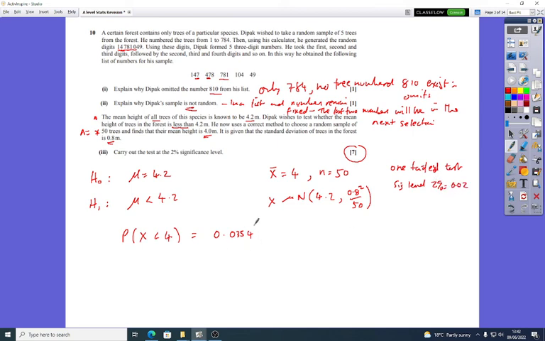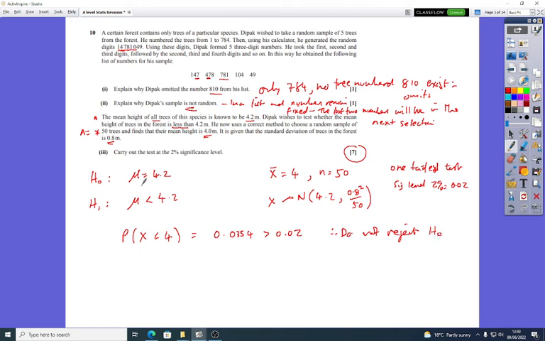And from here you can say that because this is greater than 0.02, it drops outside the rejection region. So in this case, do not reject H0, the null hypothesis. Okay, so you can say that clearly.